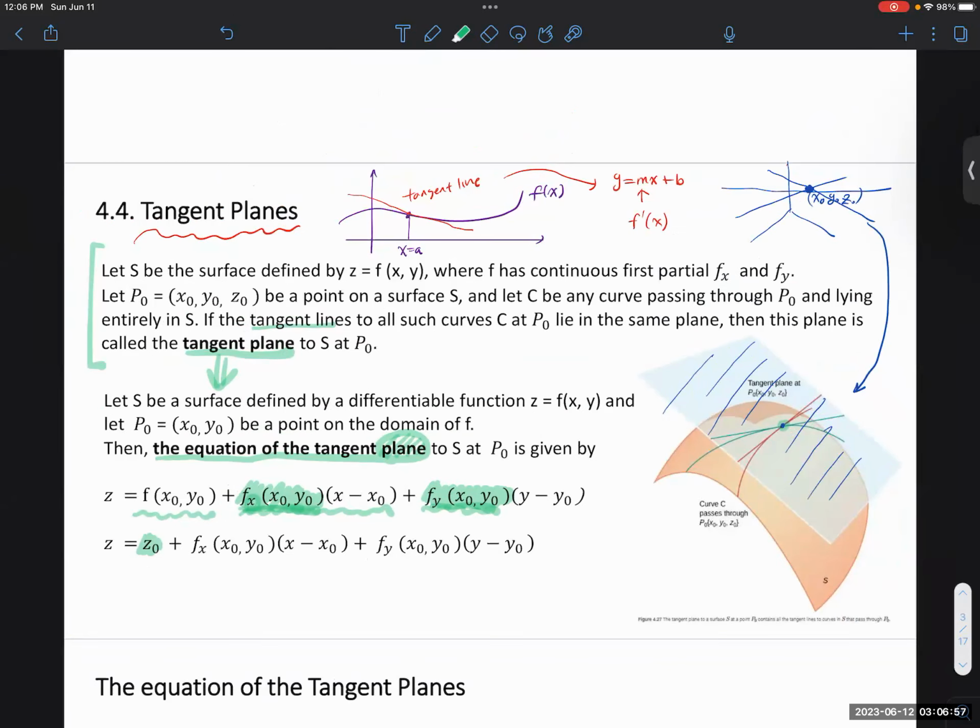You are going to remember these two formulas, either one, it doesn't matter. They're talking about the same thing. This is the tangent plane that touches only this point. That's what tangent means. So let's take a look at example one.